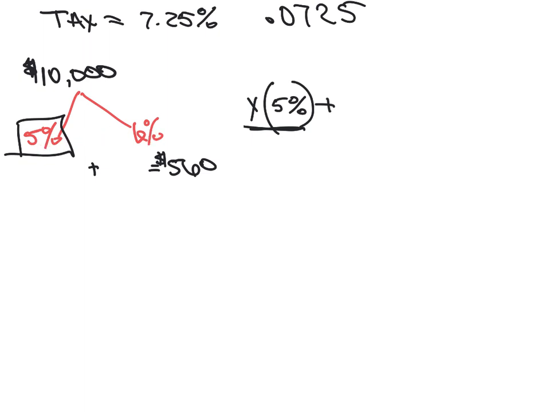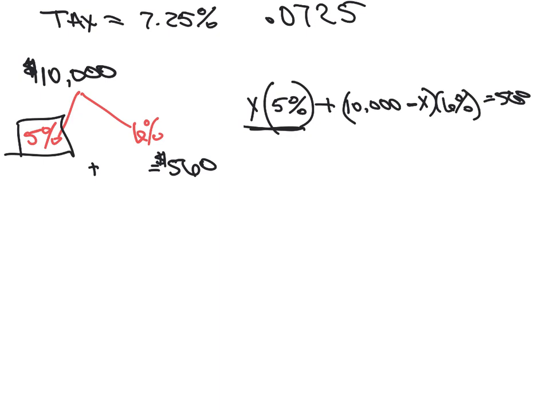Well, I take my original amount and I subtract what I don't have any longer. I invested X at 5%. So 10,000 minus whatever X is going to be the amount that I have to invest at 6%. And that equals 560.